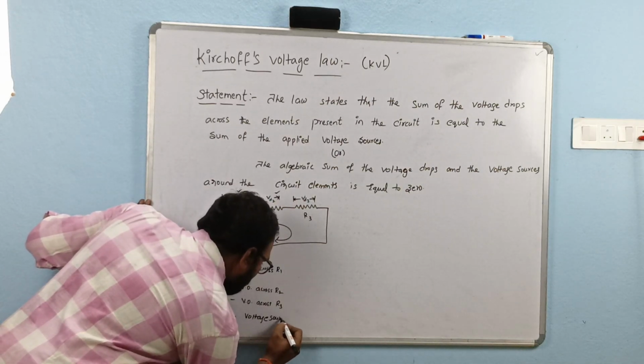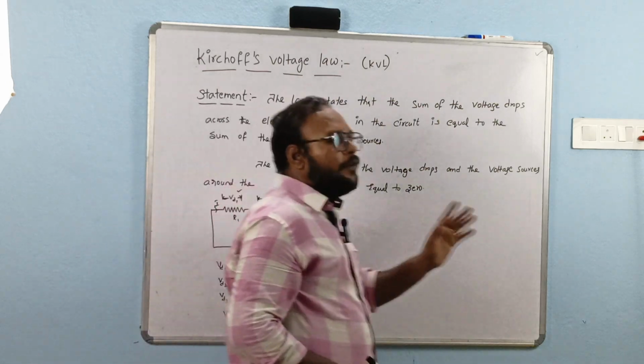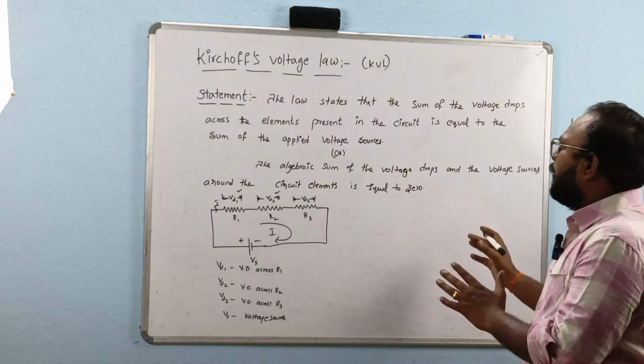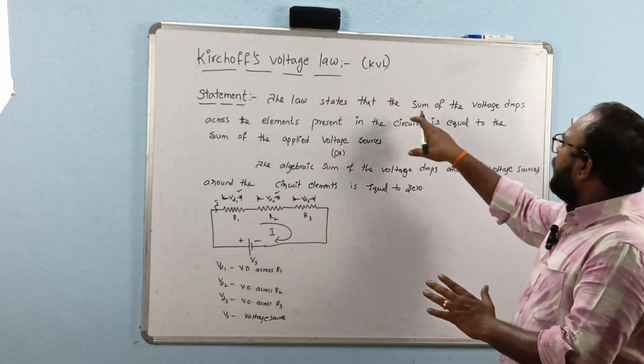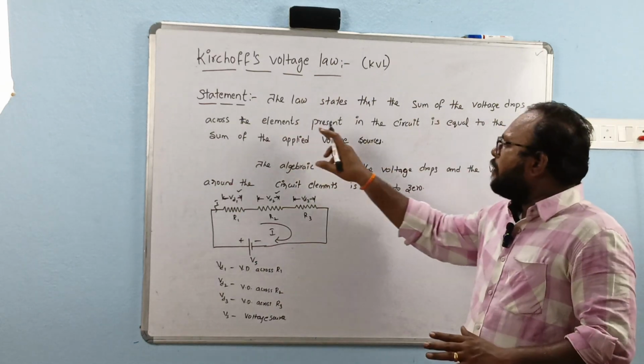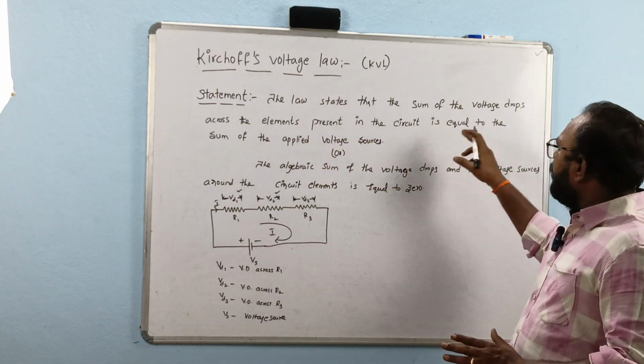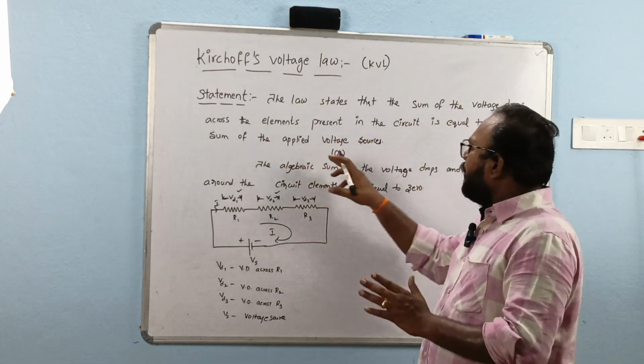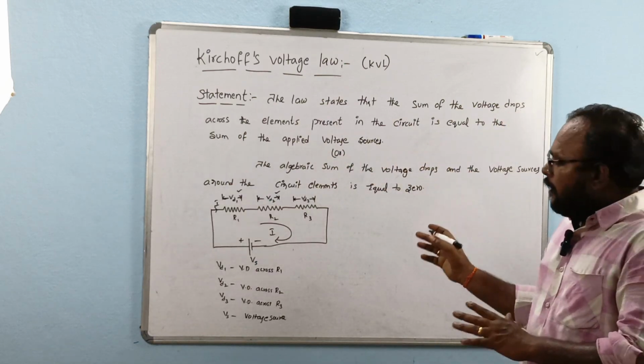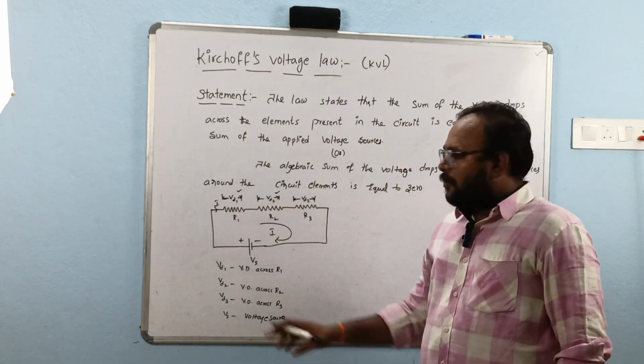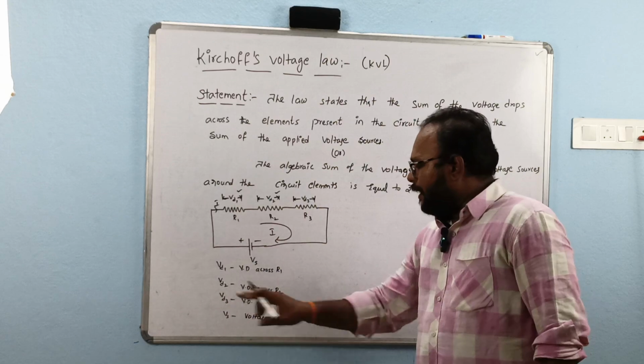Coming to our statement, what does it explain? The law states that the sum of the voltage drops across the elements present in the circuit is equal to the sum of the applied voltage source. The drops here are VD1, VD2, VD3.